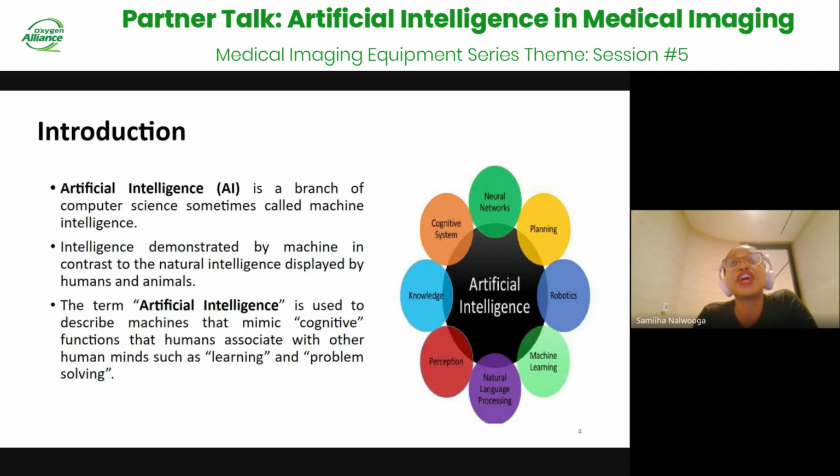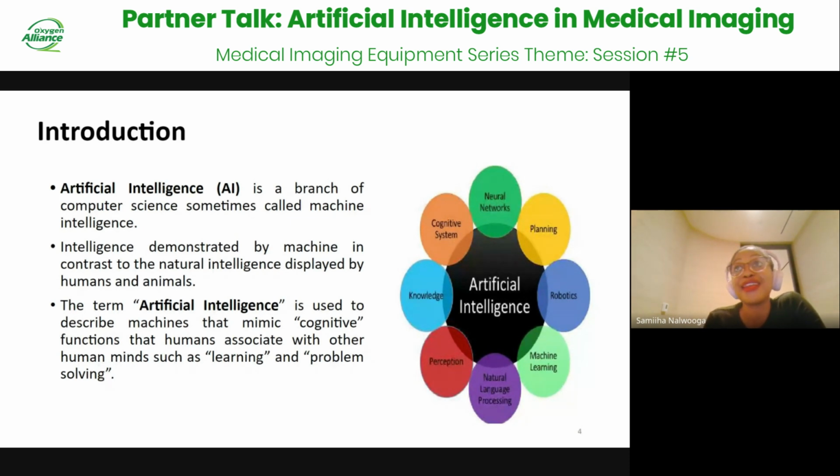So to start that journey, AI is just a field of computer science, and sometimes it's called machine intelligence. It is used to describe machines that emulate or mimic the cognitive functions that humans associate with, and those include learning as well as problem solving, because as humans, we have the ability to learn, and after learning, we're able to solve problems.